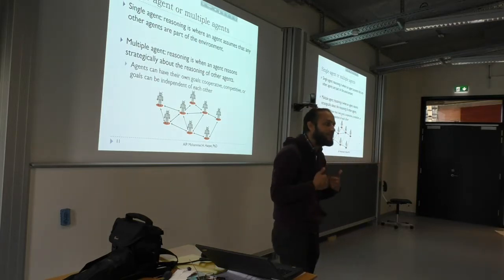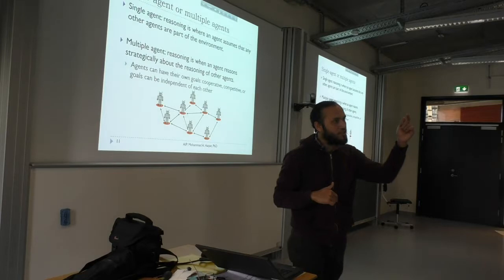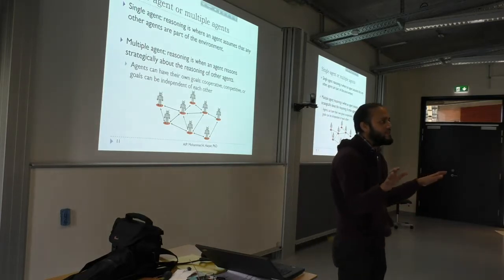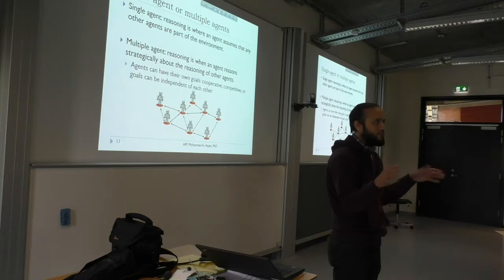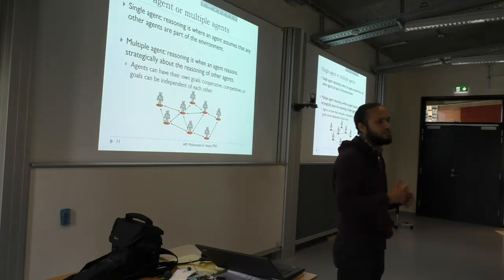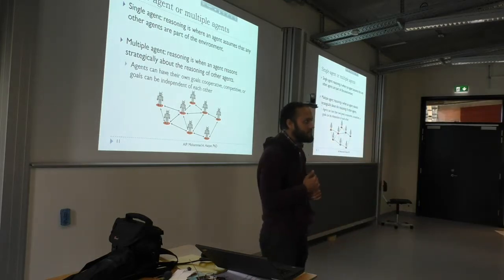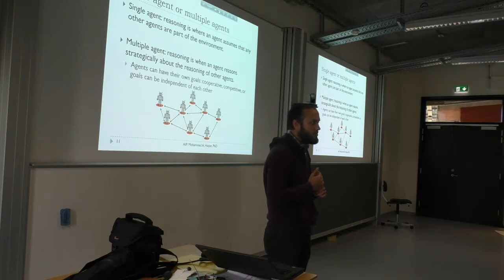But if I can make my decision without considering your decisions, in this class you can consider this one as a single agent system, because I don't have to depend on your decisions for making my decision. There is no strategic relationship between you and me. So then it is just straightforward. You can consider this one as a single agent system and design me as a single agent. You understand that now? Yes.